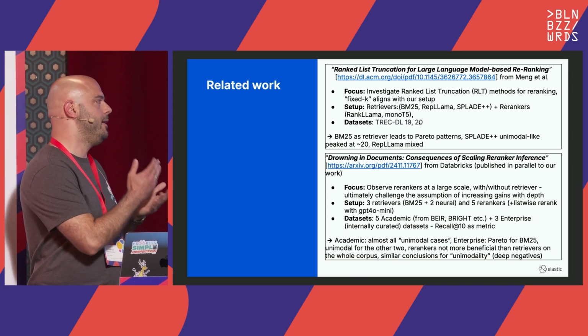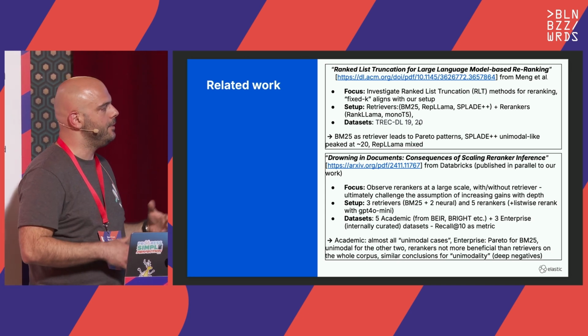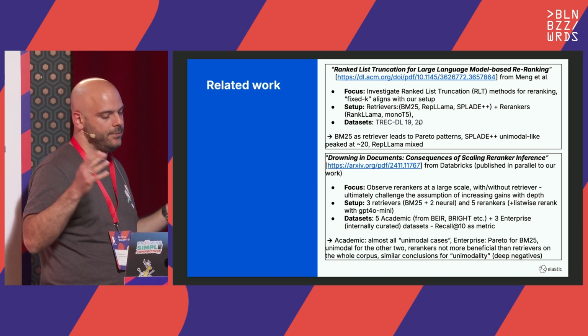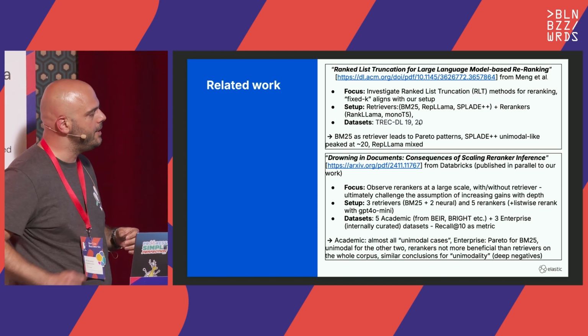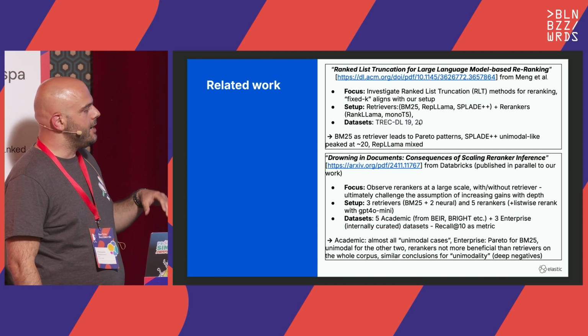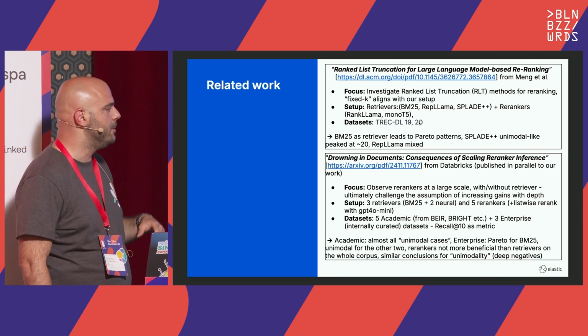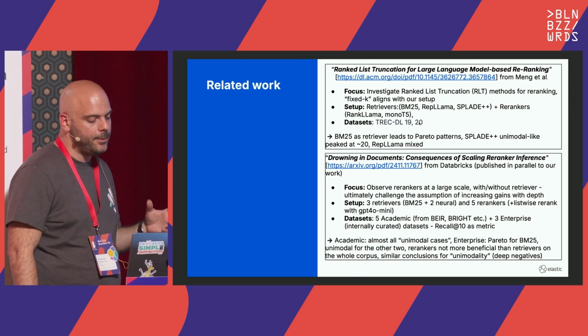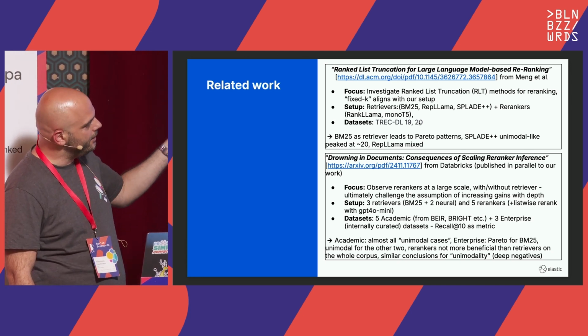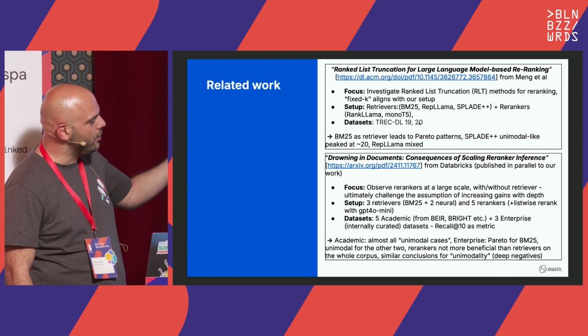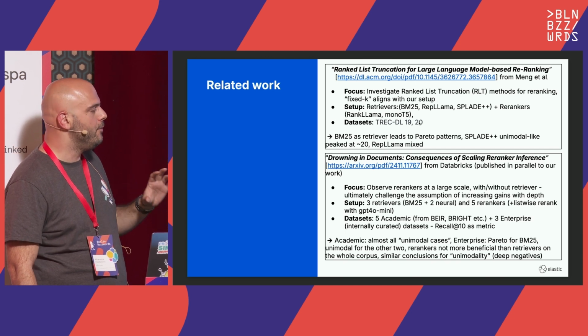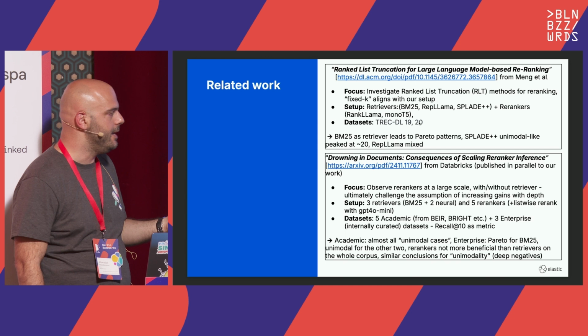So they observed rerankers at the extreme, even considering the top 5,000, if I recall correctly, documents. They're using a set of retrievers and rerankers and 8 datasets, some academic, some enterprise ones. As you can see from the title, it's Drowning in Documents. They focus a lot on the unimodal cases.